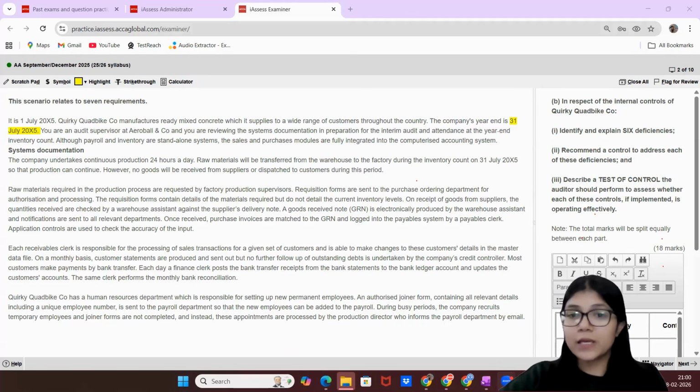Yes. So basically, they're saying that we are not going to stop our production. We are not going to stop even if the inventory count is happening. So when you're counting the inventory, what if you count the same product twice? That is going to lead to double counting. Or for example, you miss an inventory item or a finished good item, that is going to lead to omission of the item, right?